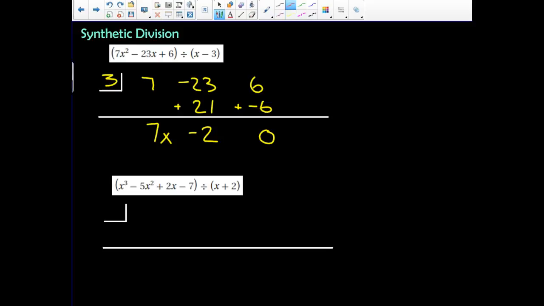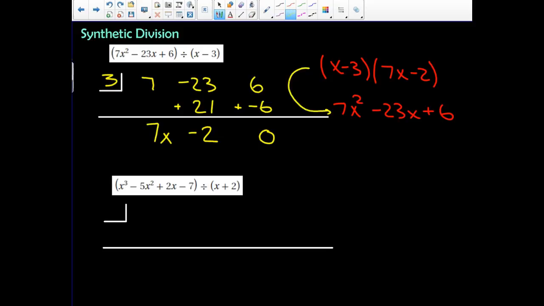This means that x minus 3 times 7x minus 2 is equal to 7x squared minus 23x plus 6. It's the same thing. These two things are the same. And we essentially factored that, right?